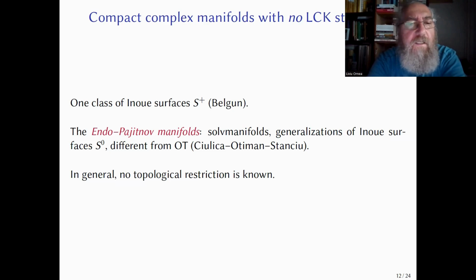More recently, I think 5 years ago or something like this, new manifolds appeared. We called them Oeljeklaus-Toma... sorry, Endo-Pajitnov, because they were defined by these two authors in a paper. Again solvmanifolds and again a generalization of Inoue surfaces S0, but different from the earlier Oeljeklaus-Toma.